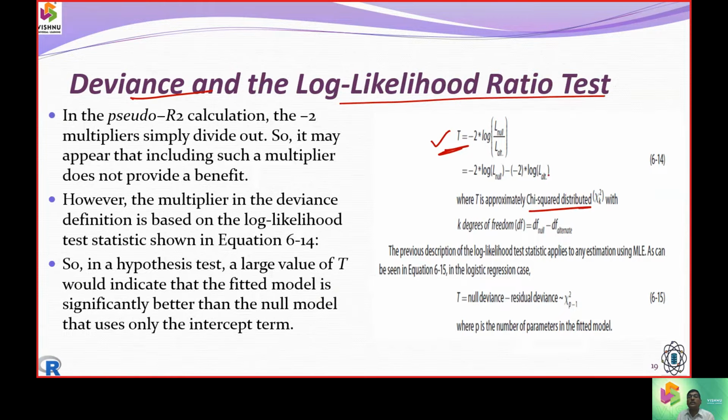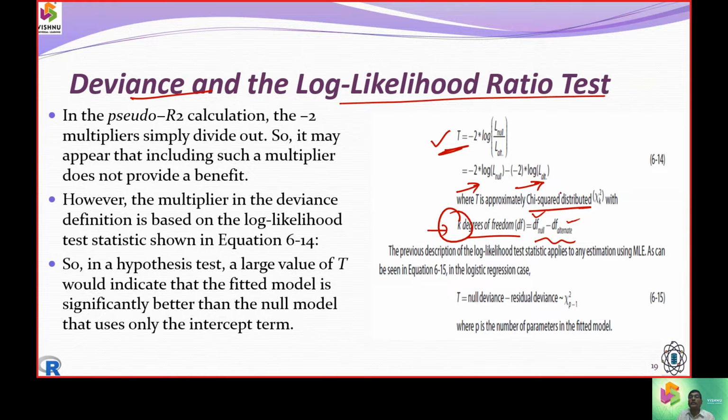This chi-square method takes the difference between two log models, and it also includes the degrees of freedom between the null hypothesis and the alternate hypothesis. In the case of the null hypothesis, what is the number of attributes taken, and in the case of the alternate hypothesis, what is the number of attributes taken? We figure out the difference and represent it as k.